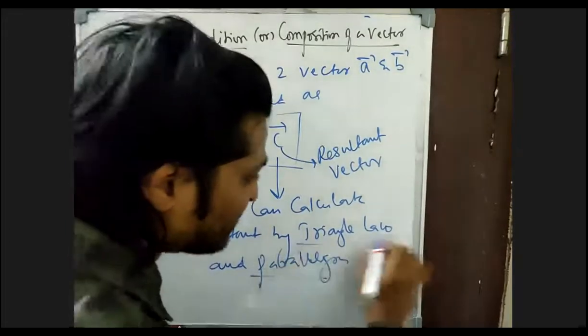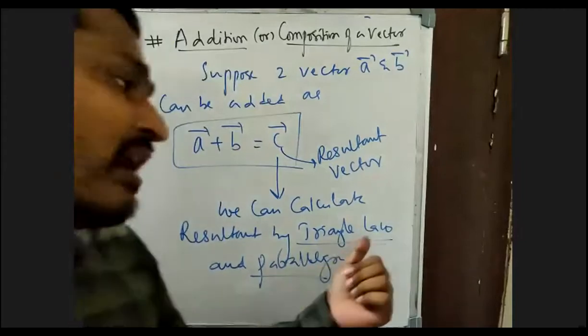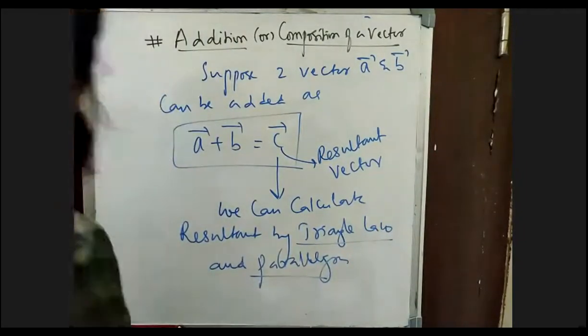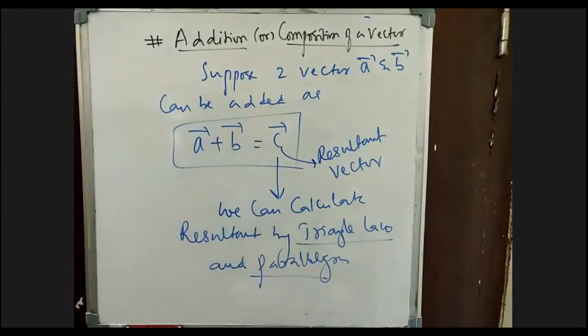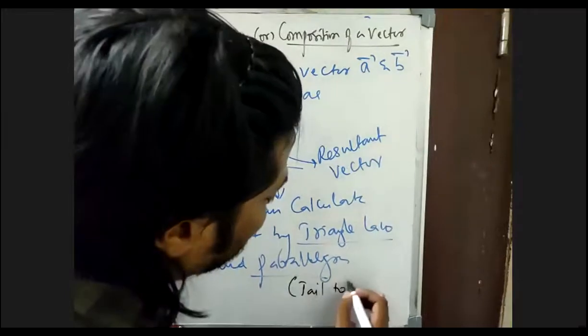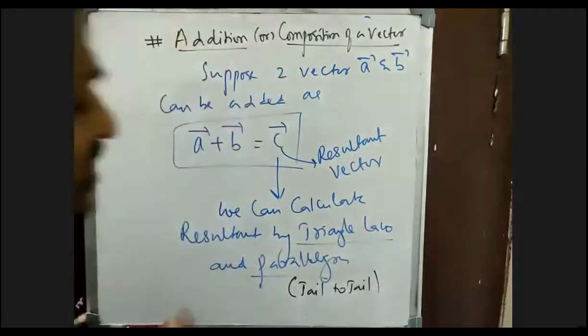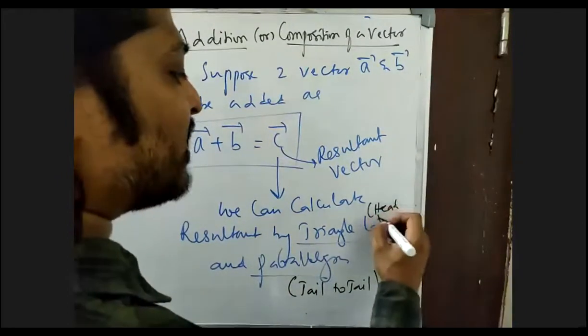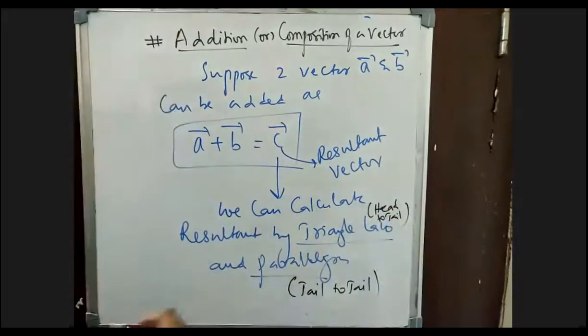What is the difference between them? One is the head to tail method, another is the tail to tail method. Tail to tail method is known as the parallelogram law. Triangle law is the head to tail method. Head to tail method is known as the triangle law.